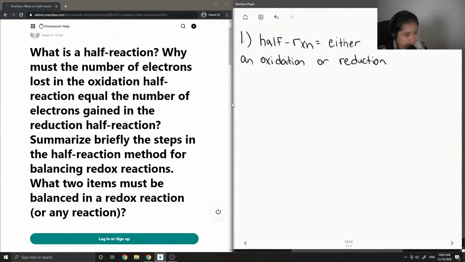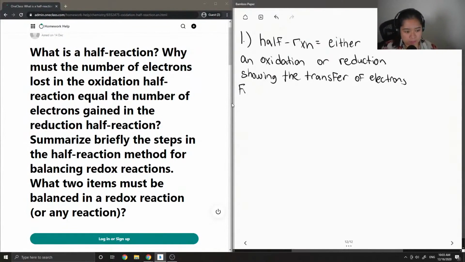They also show the transfer of electrons from one atom to another.